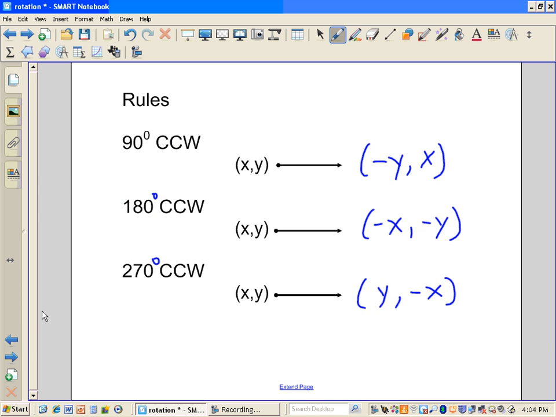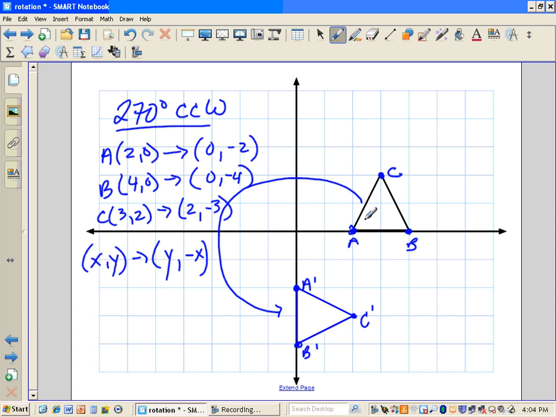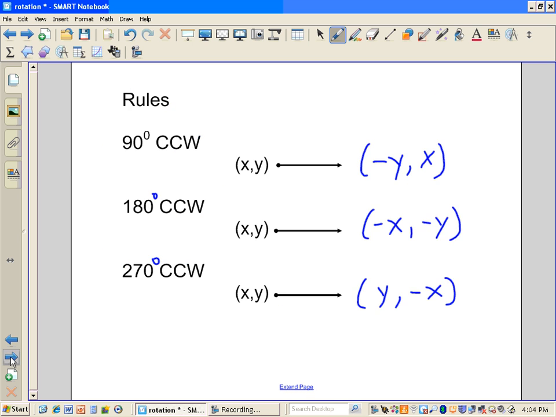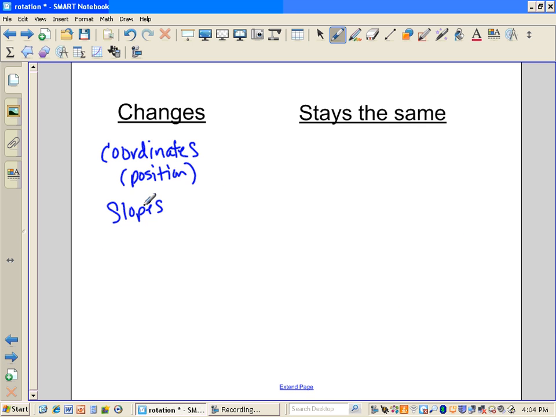If we look back at these two examples, this was a negative slope here, C to B. Here, C to B is a positive slope. So the slopes are changing. What's staying the same? Obviously the lengths are the same, and the angles have stayed the same. So it's the same shape, just in a different position.